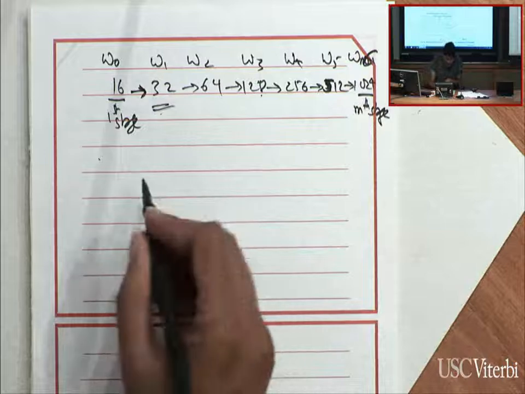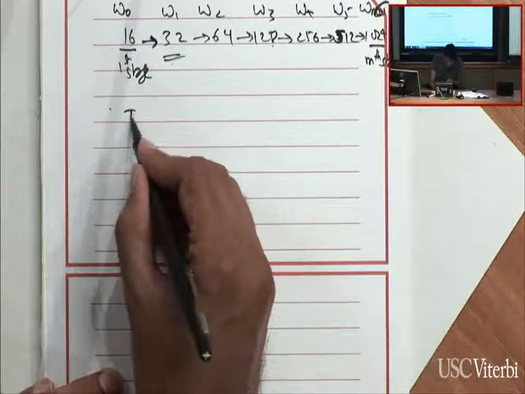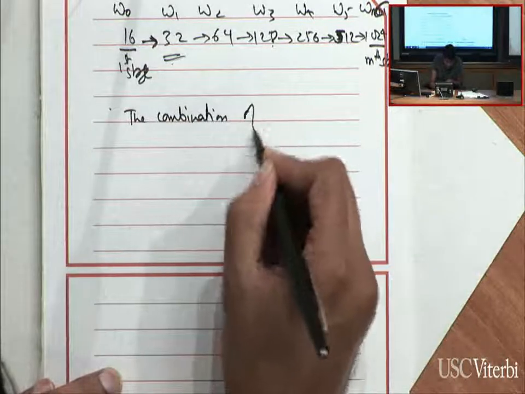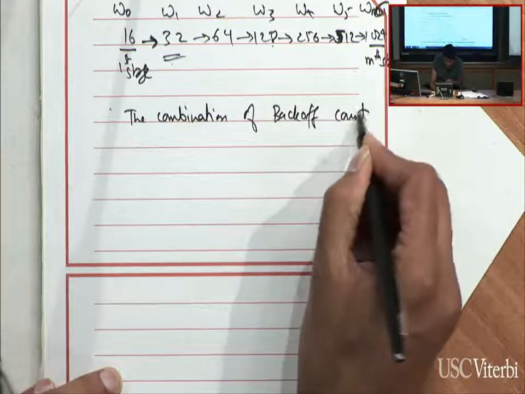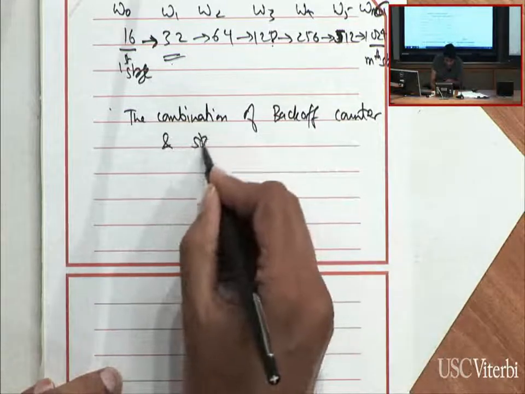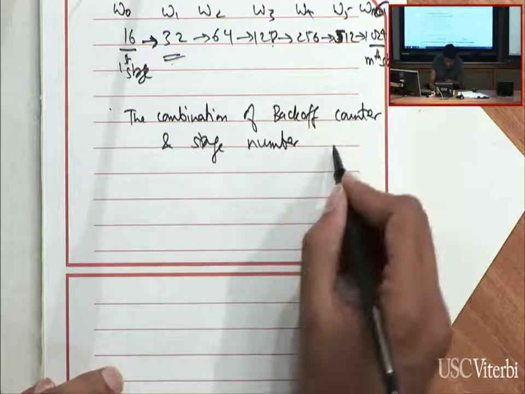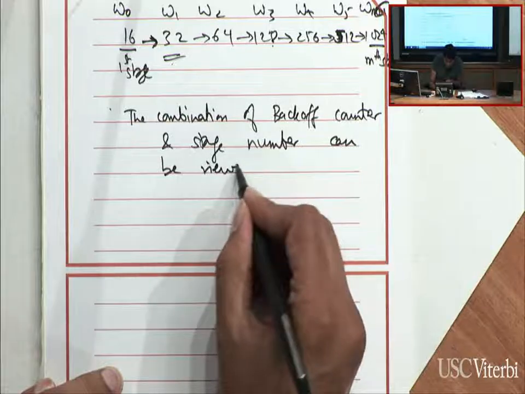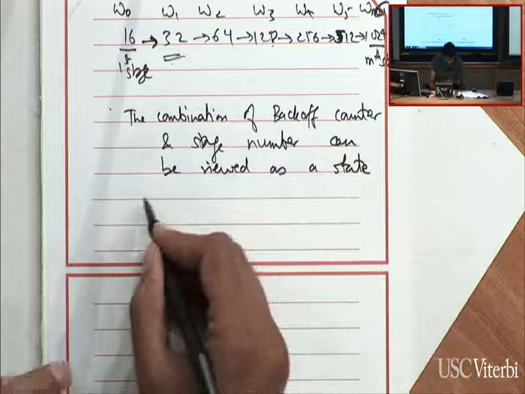So if we kind of look at the combination of the back-off counter and stage number, you can kind of view this as a state for the protocol.